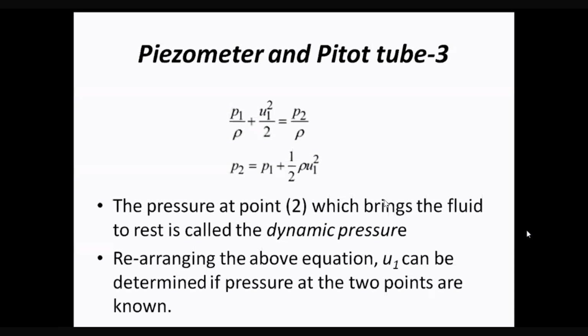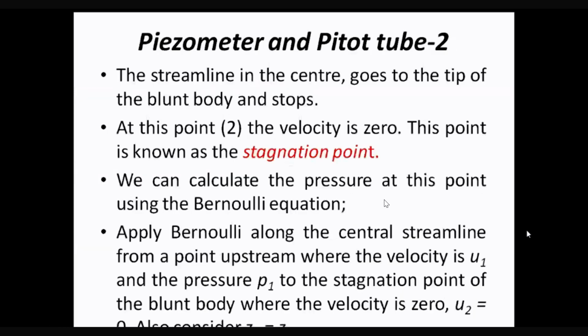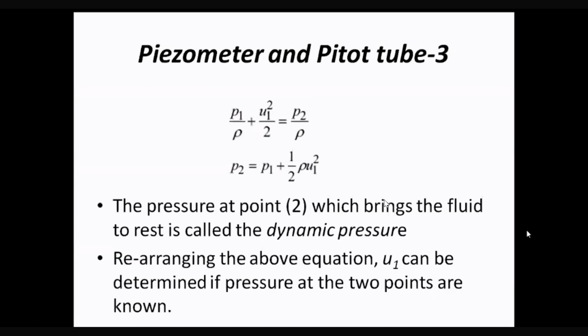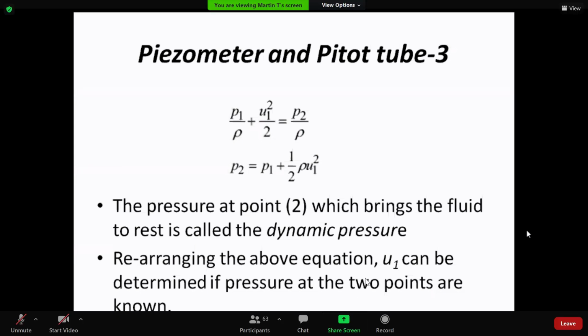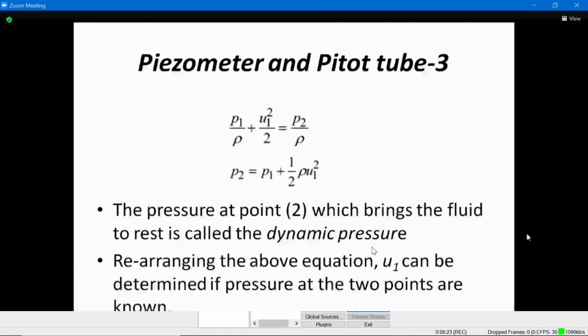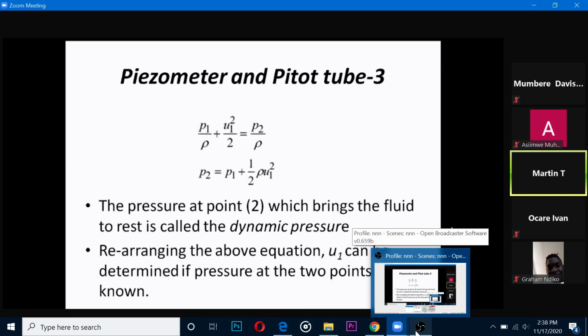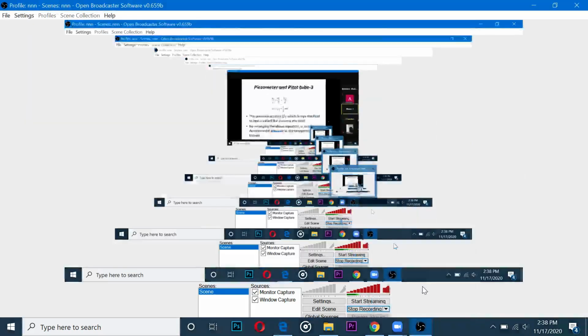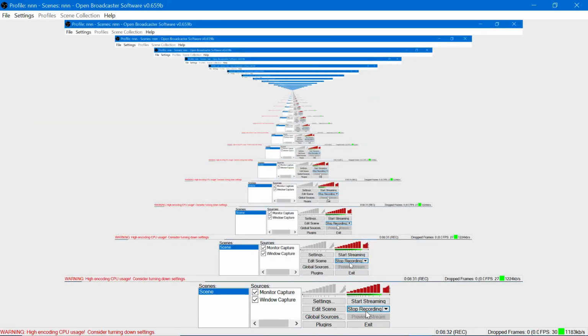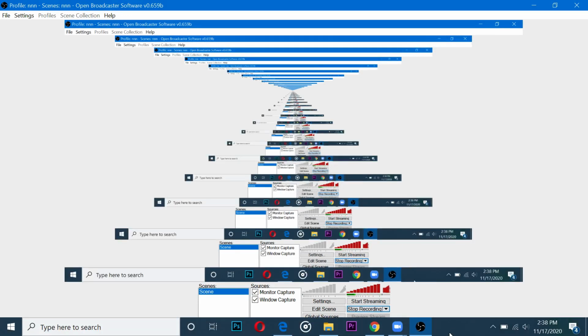Now, the difference is that pressure at 1 only has a static head, but pressure at 2 has a static head plus, remember, the blunt body is stopping, that stagnation is stopping a moving fluid.